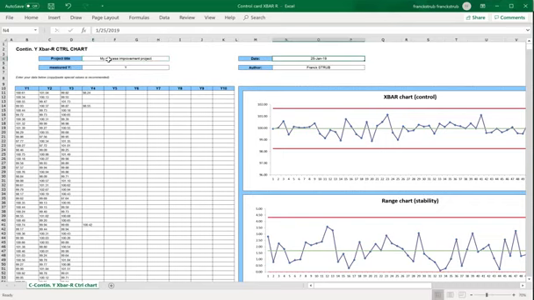You will enter the date, your name, and what you measure. Here it's a Y, and here you have the possibility to measure up to 20,000 X-bar points, and I will explain what X-bar is.